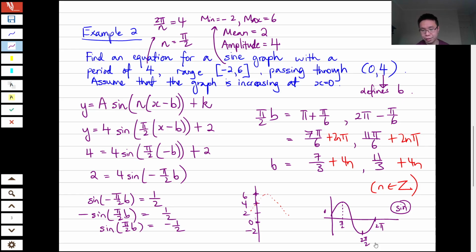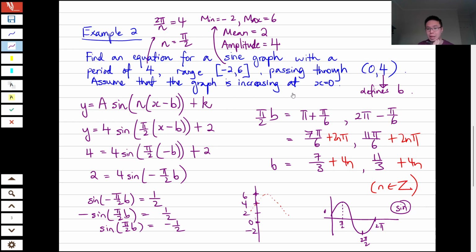So if my phase is between 0 and pi on 2 or between 3 pi on 2 and 2 pi, then the graph is increasing. So let's now take a look at what the phase is, or what the angle is when x equals 0.